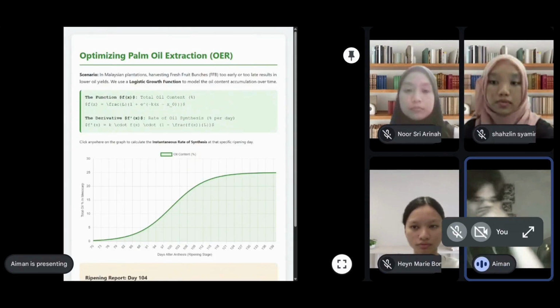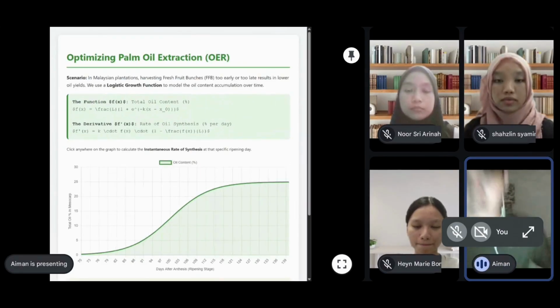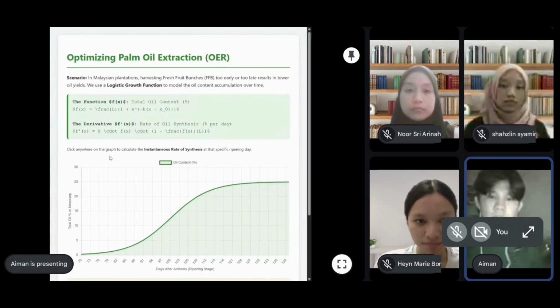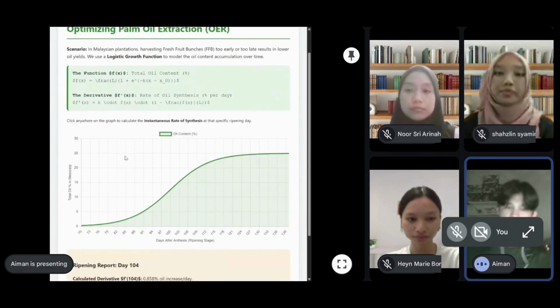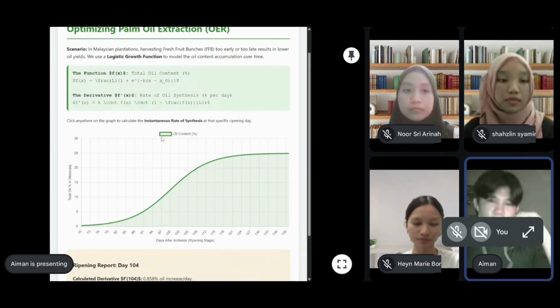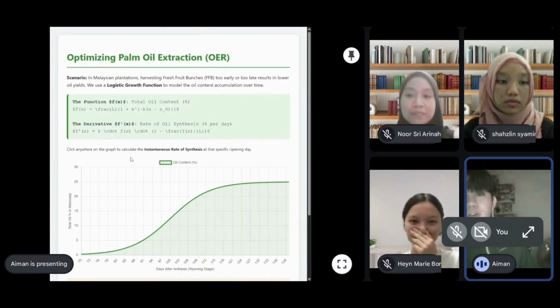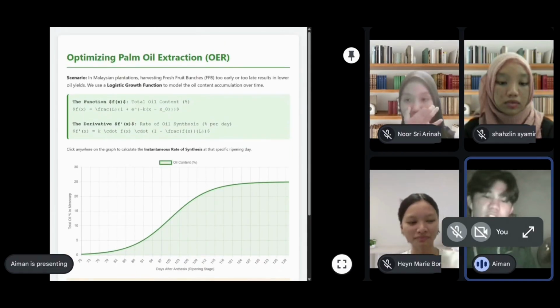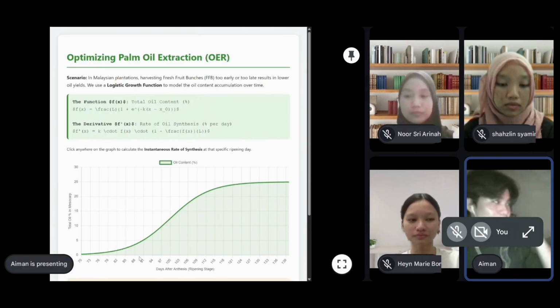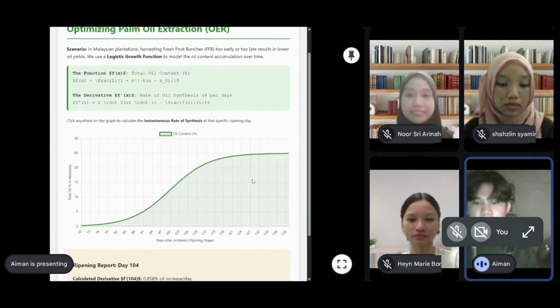So we can see the graph over there. We can see my graph for optimal palm oil extraction. Day by day, we see it increase, like day 7.1.